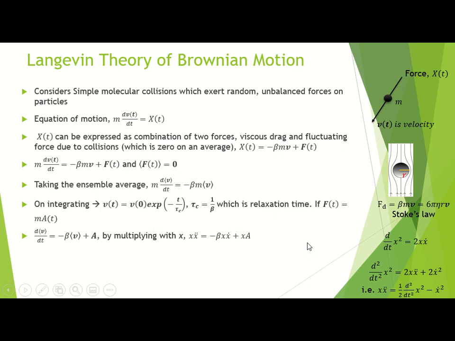Now we can do a little bit of algebra here, which gives you the expressions for x double dot and x dot. Okay, so you can try this. If you take the second derivative of x square, you can express this x double dot and x dot.